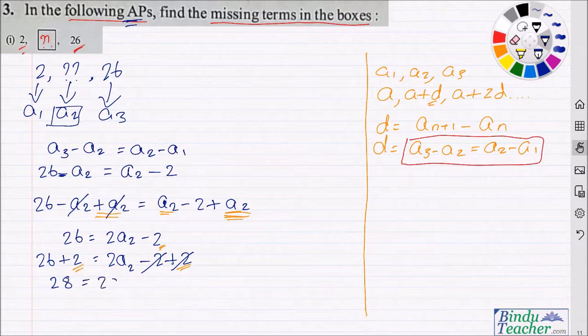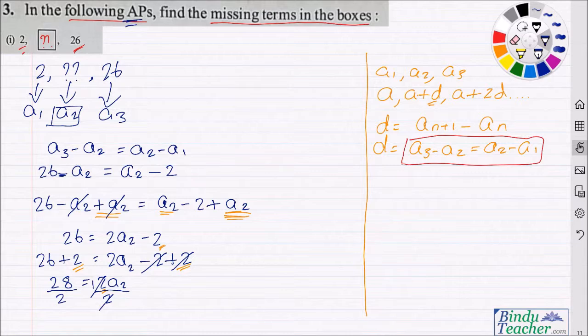equals 2A2. Again, I want to find the value of A2. I want to get rid of 2, right? So what will I do? I will divide the right hand side of the equation by 2. And I'll do that same thing on the left hand side of the equation as well. So 2 divided by 2 is equivalent to 1.